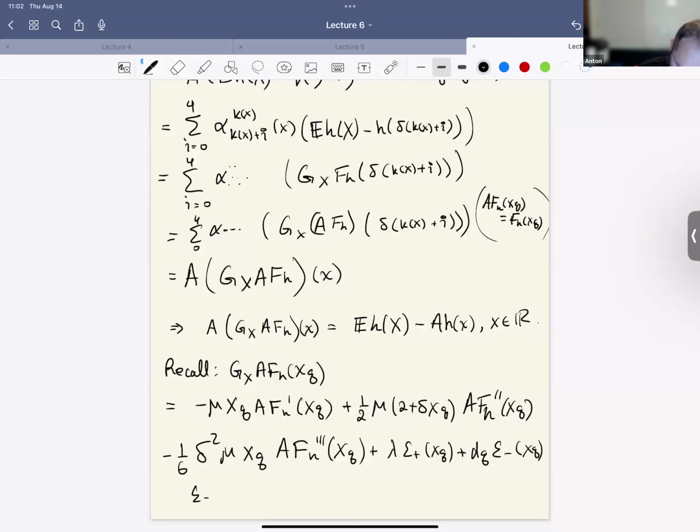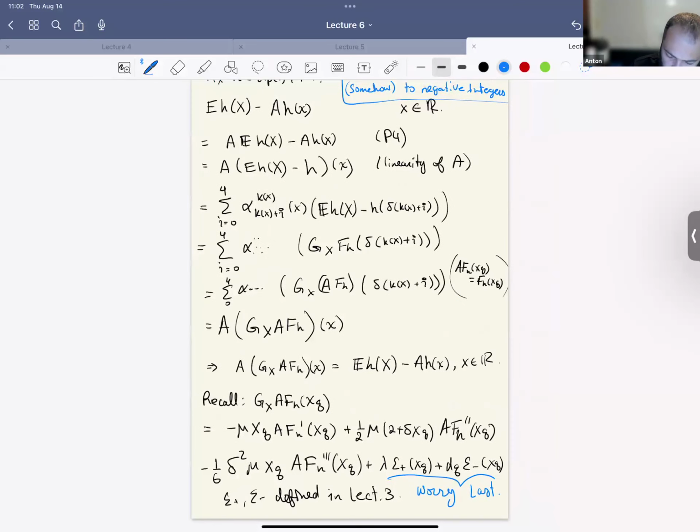So epsilon plus, epsilon minus defined in lecture 3 notes. Okay, but really, this is the last term we're going to worry about. Good. So this is the Taylor expansion.